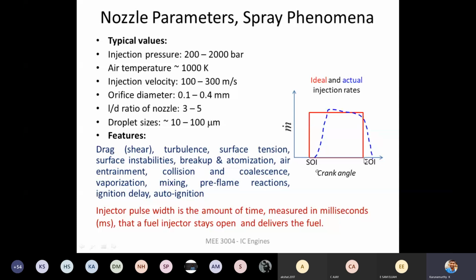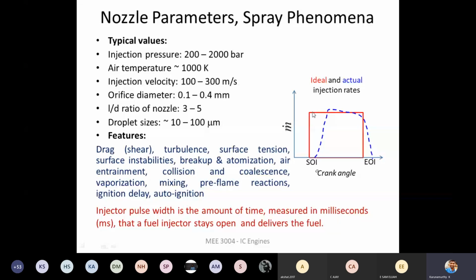This is the crank angle during which the fuel is injected, and at the end of injection the mass flow rate is 0. So initially the mass flow rate is 0 at the start of injection, it reaches the maximum, remains there for a certain time period, then the end of injection occurs, meaning there is no mass flow rate. This is the red one in the form of a square.